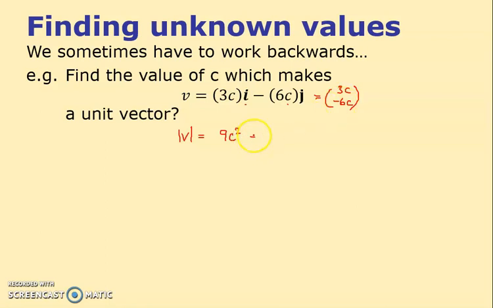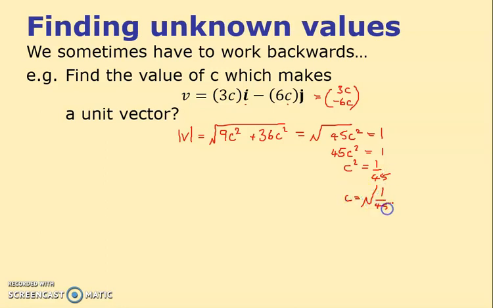I square this one, that's 36c squared. I square root it. That gives me the square root of 45c squared, and that's got to equal 1. I square both sides, so 45c squared is still 1 when I square it. C squared is a 45th. And C is the square root of a 45th, which I'm sure can be written in a slightly better way, yes, but there it is.